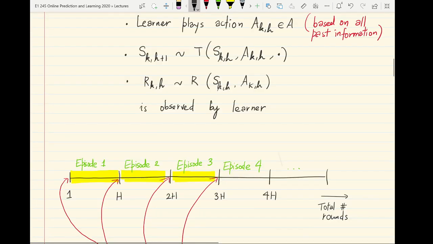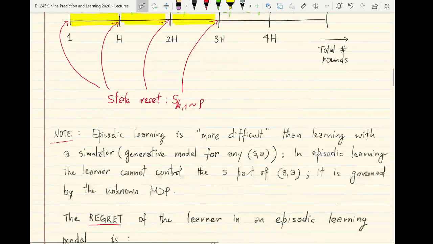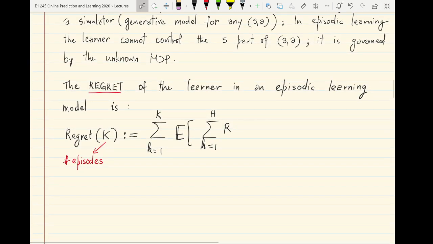So let's recall, R_kh. This sum is the total amount of reward that the learner made in episode K. What is the best possible expected reward the learner could have made in the same episode?